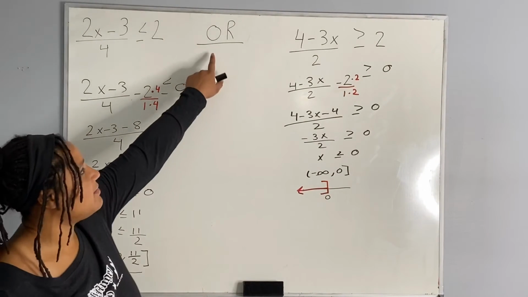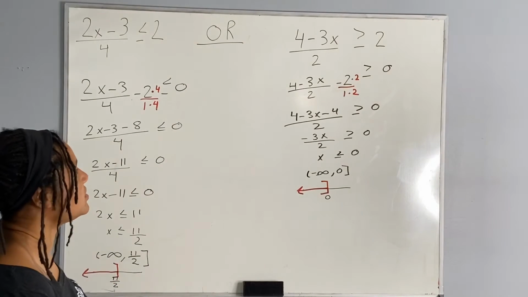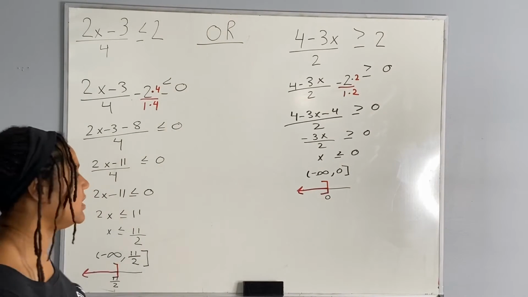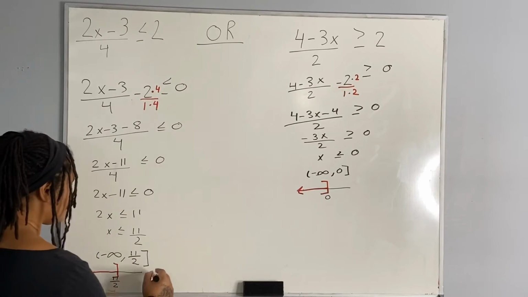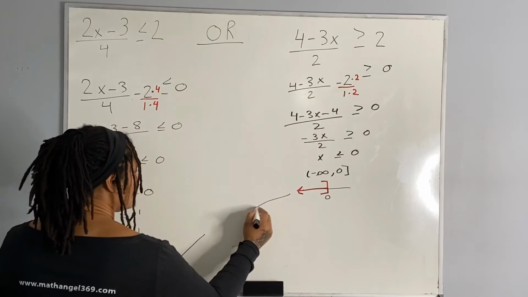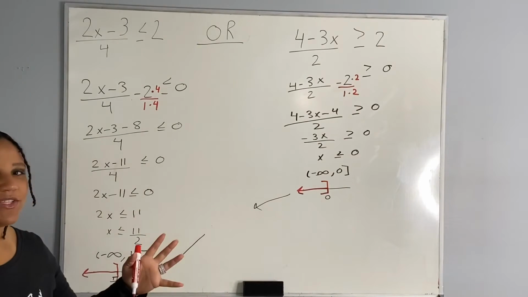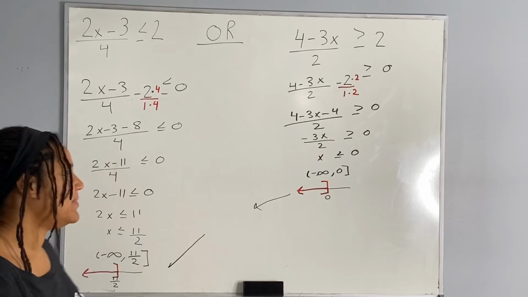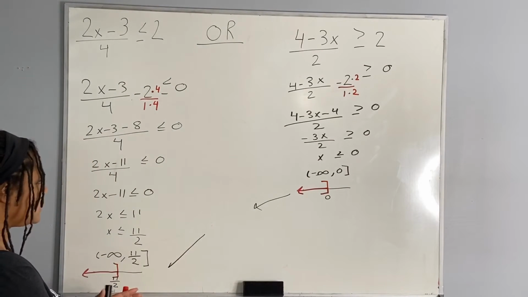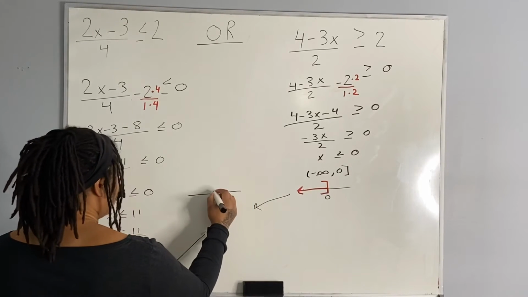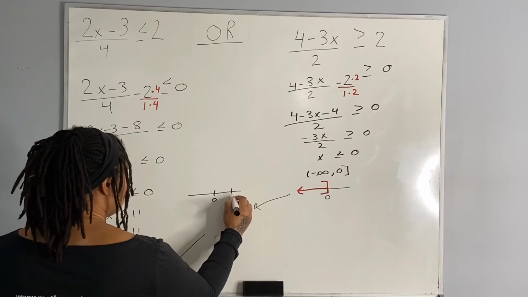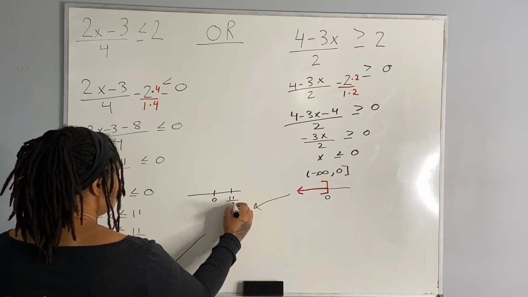Now, since we have an OR, so we are solving compound OR inequalities, you are going to take the two graphs and you are going to unite them. So in this case, we have a situation where we have 0 and we also have 11 over 2.